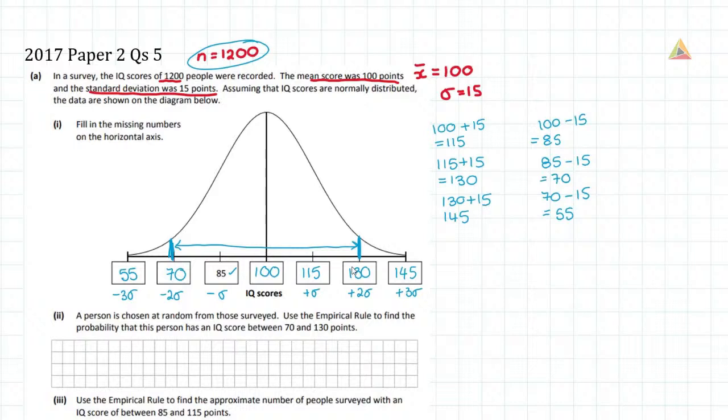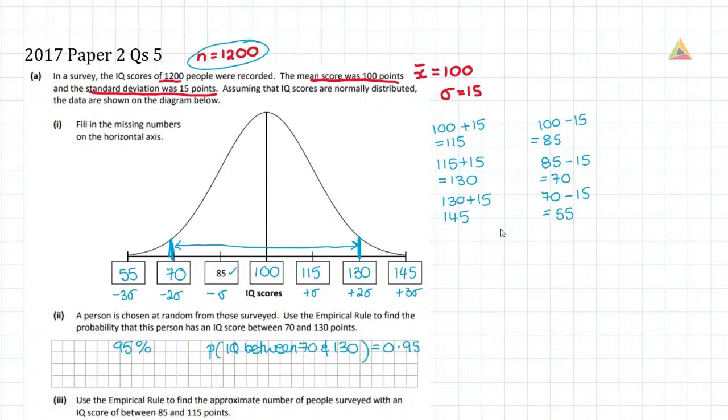And we know that 95% of the data is in there. So there's a 95% probability of choosing a person that has an IQ of between 70 and 130. So the probability of an IQ between 70 and 130 is going to be 95%, or 0.95, or 95 out of 100 if you want to write it as a fraction.